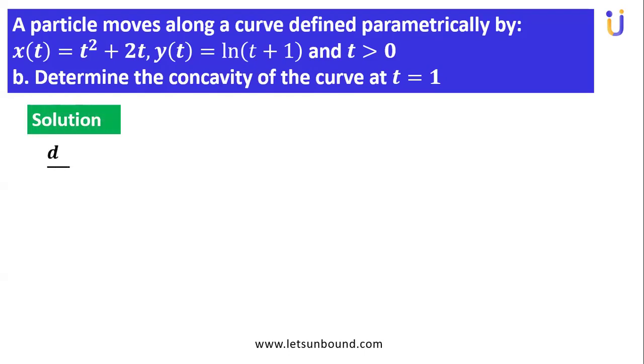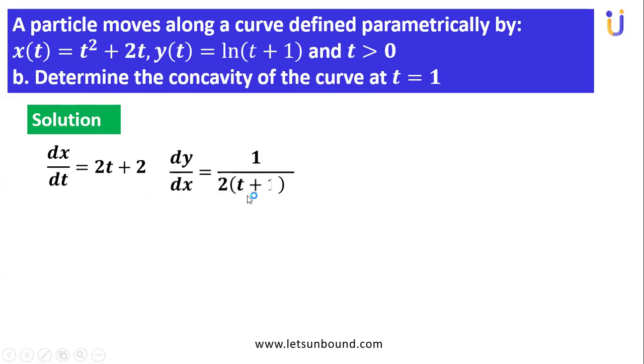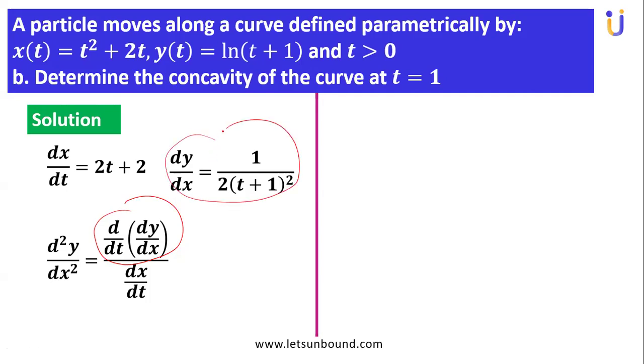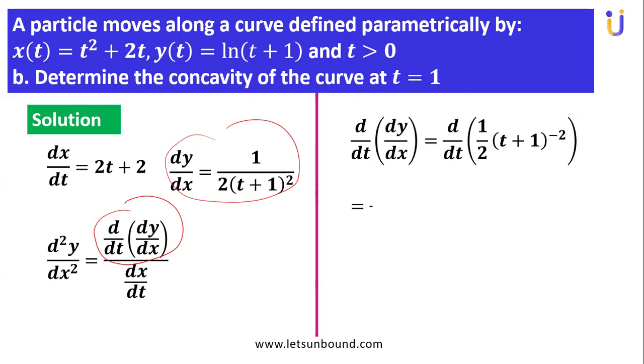We already have dy by dx, right? So let's take dx by dt and dy by dx. Now, d squared y by dx squared: the numerator is d by dt of dy by dx, and the denominator stays as it is, the first derivative stuff. So make sure we are clear with this. Then you start differentiating this part, d by dt of 1 by 2t plus 1, the whole squared.